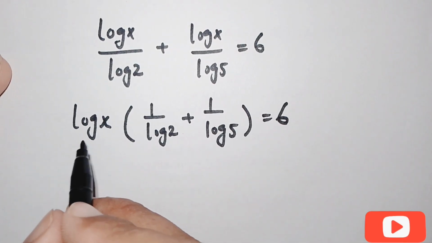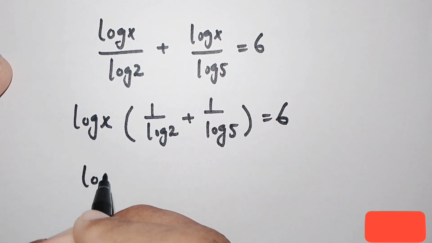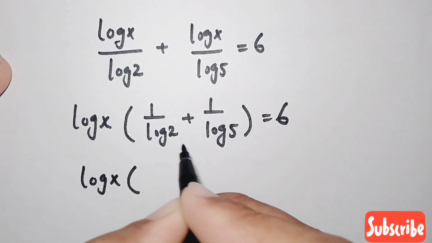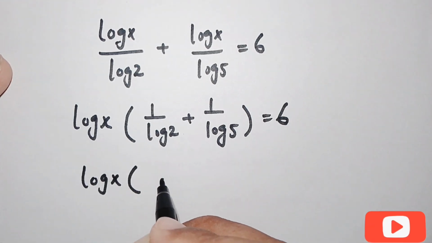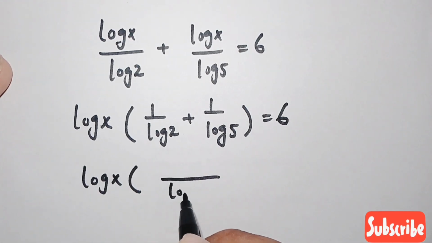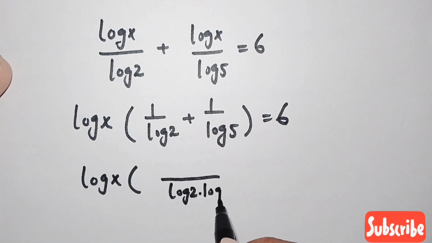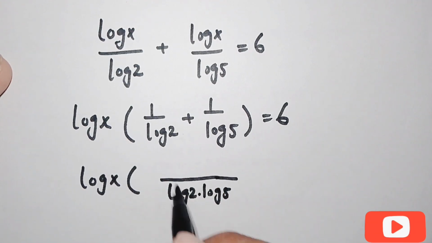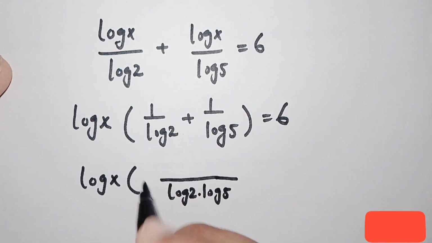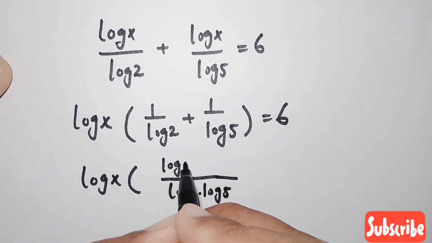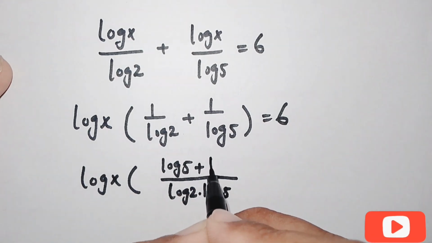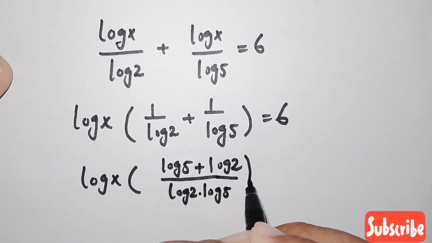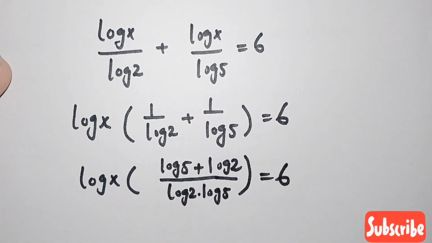Now in the next step, we take the LCM as log of 2 times log of 5. So this divided by this, log of 5, plus this divided by this, log of 2, which is equal to 6.